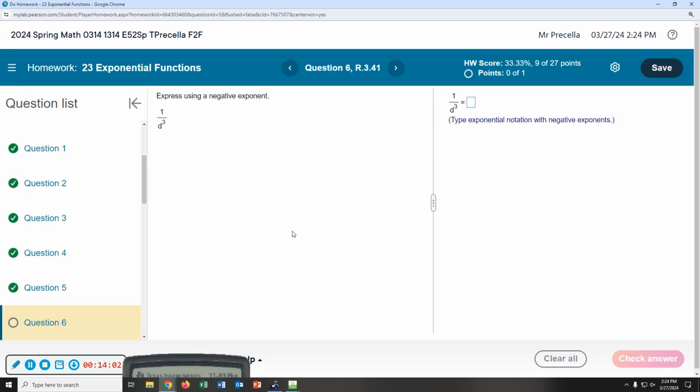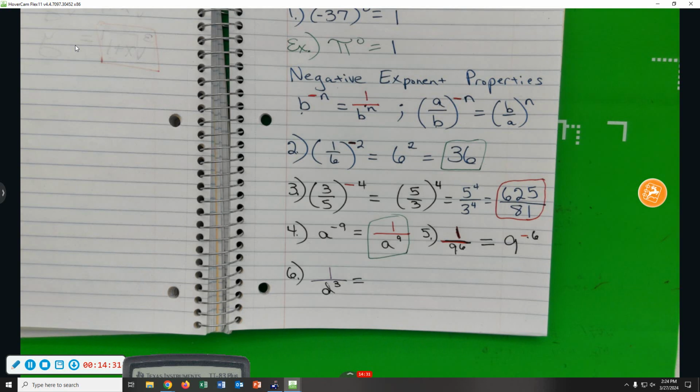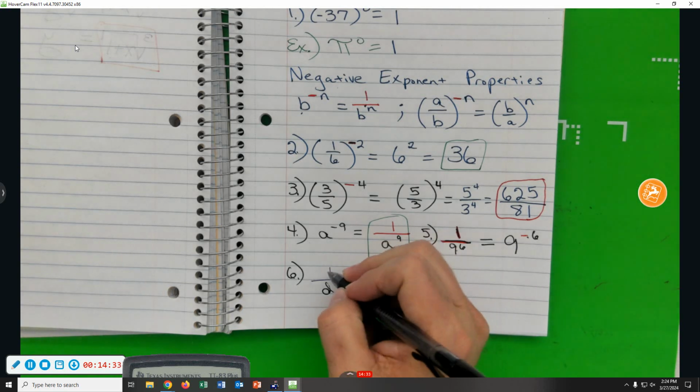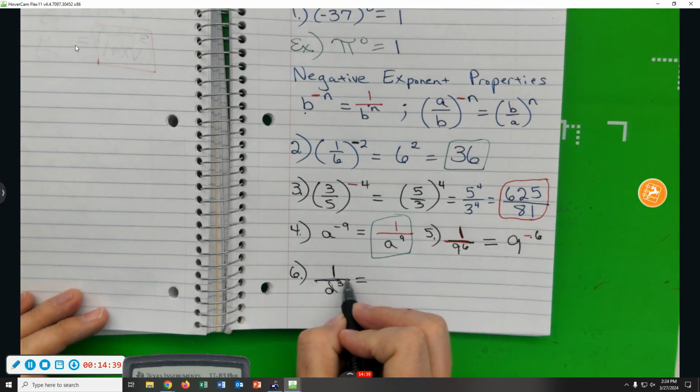Same instructions here. Express it using a negative exponent. This is number 6. 1 over d cubed. One over d cubed. I messed up and wrote it all black.